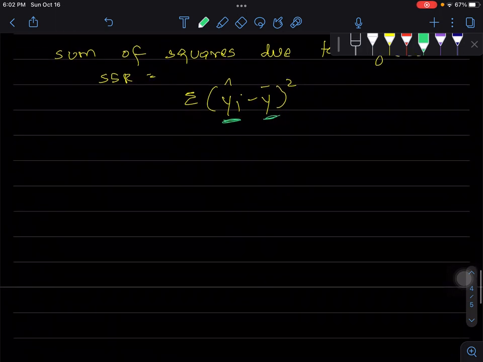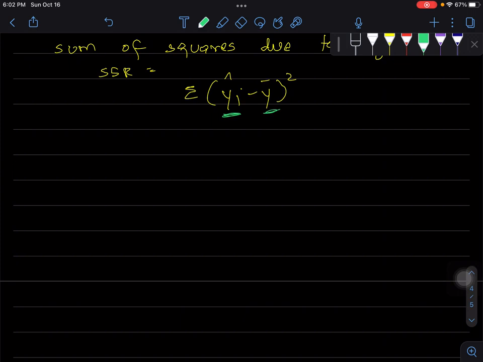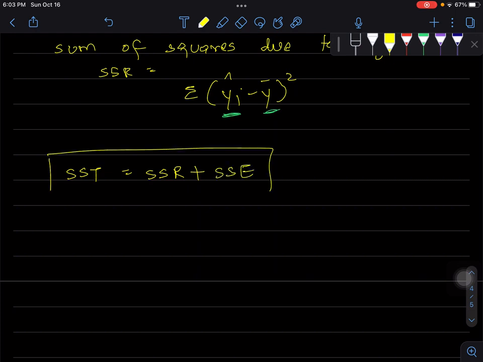But there is a relationship between them: the total sum of squares is equal to the sum of squares due to regression plus the sum of squares due to error. This is an important relation. We just need to know this.